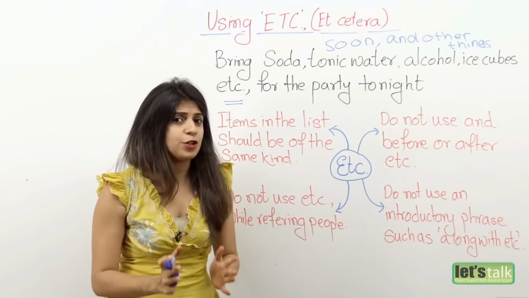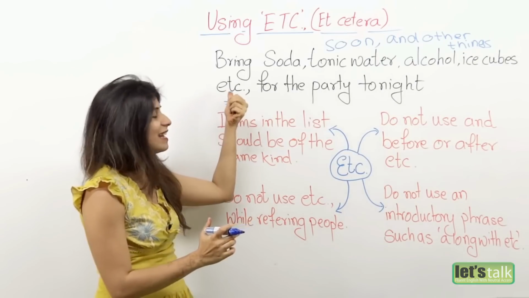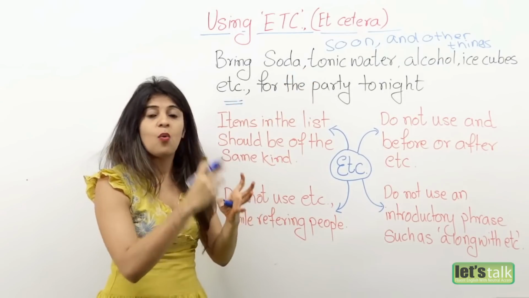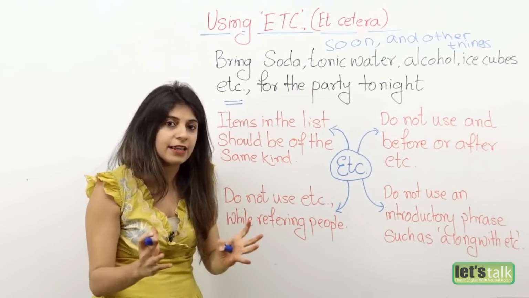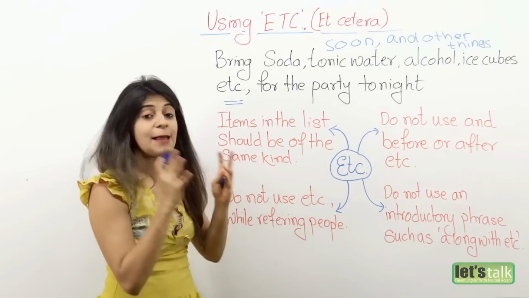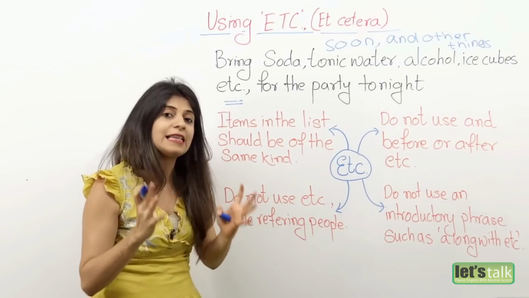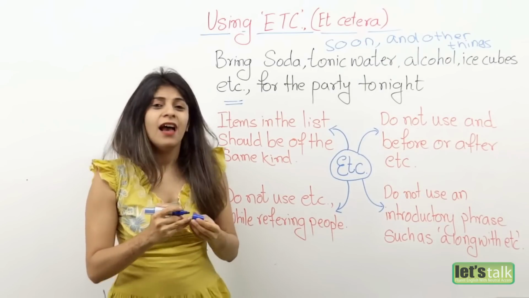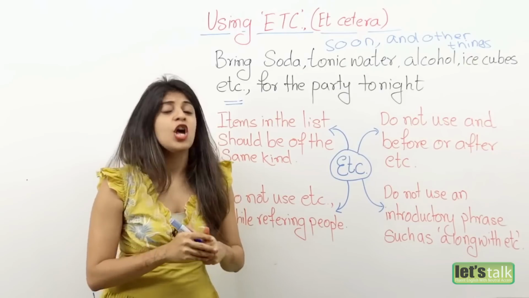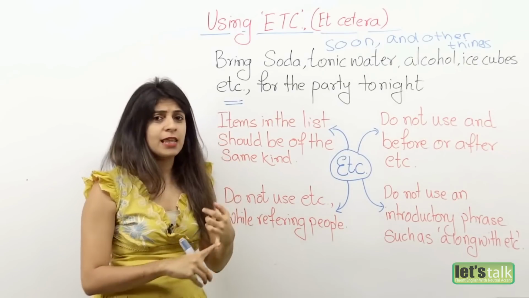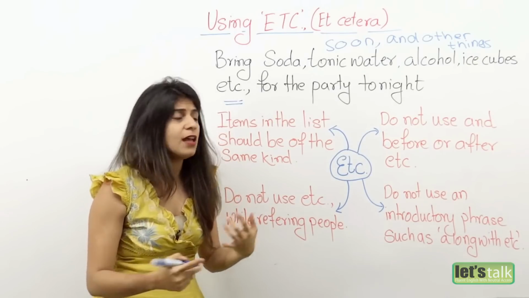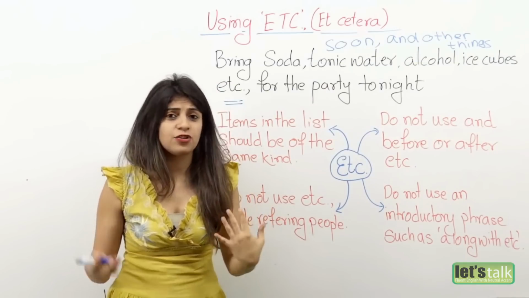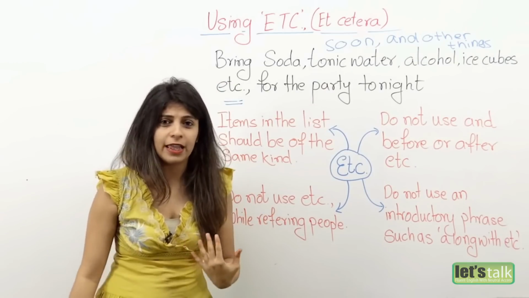So always make sure that you use the word etc. with a list which has the same kind of items, okay? Should be of the same kind. It should be of the same idea. If I end up calling my friend and I say, hey, could you do me a favor, please? Could you bring 1 kg chicken, and some tonic water, and a black dress, etc. for the party?